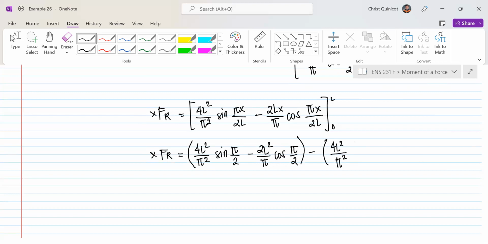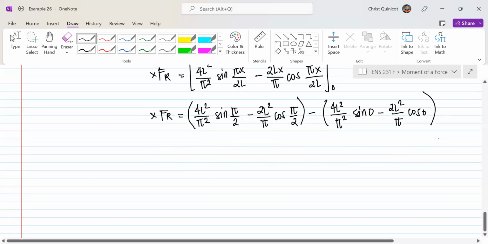So if x is 0, so this is sine 0 minus 2L squared divided by pi, right? And, no, not L squared. Oh yeah, L squared times cosine 0.